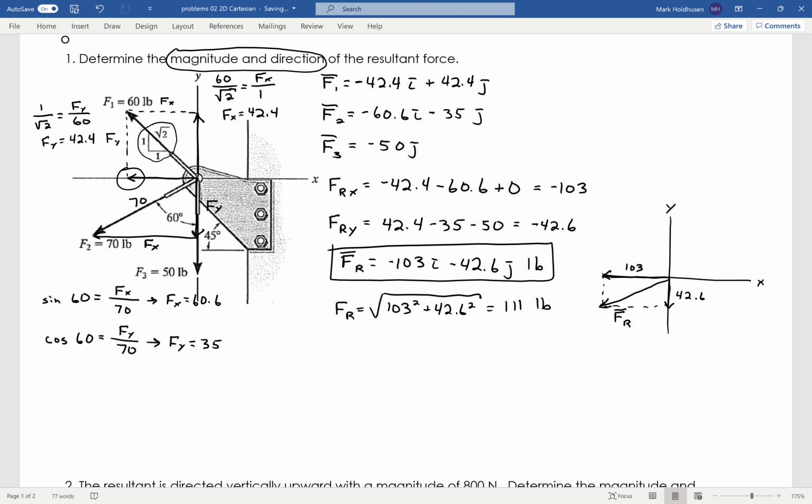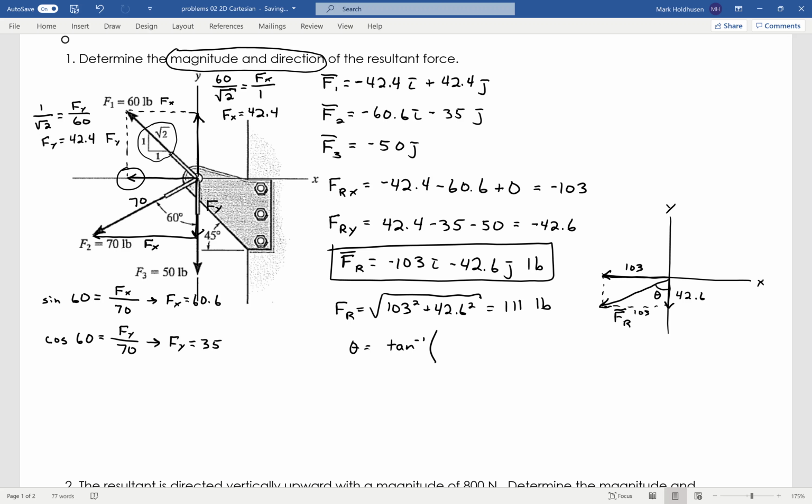Okay. I can find any angle I want. I'm going to find this angle. It's important to define that so we know what we're looking at. Now, again, I know the opposite and the adjacent, right? This opposite side is 103, right? So we just do an inverse tangent to find that. So an inverse tangent, or an arctangent, you have this on your calculator.